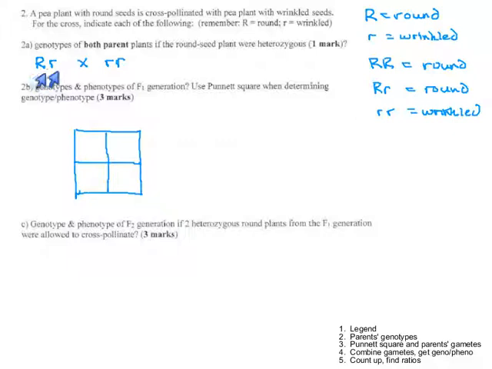This parent can produce one of 2 gametes, either big R or little r. So here's the big R, here's the little r. This parent's pretty predictable. They always contribute a little r. All their kids get a little r from them, which means I can put little r here, and it's kind of pointless to put it again.